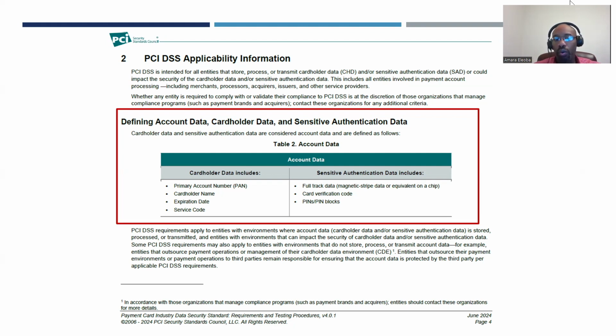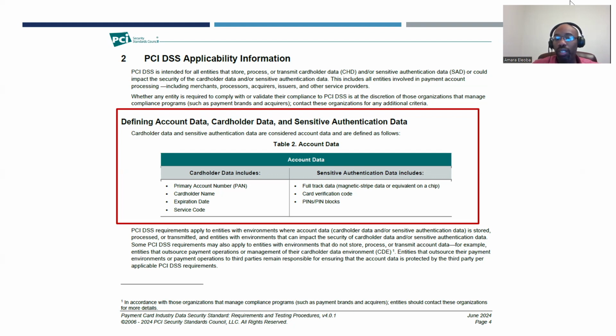Your cardholder data includes that credit card number, your name, which is the cardholder name, expiration date, and service code.